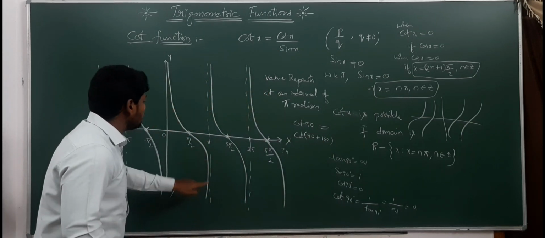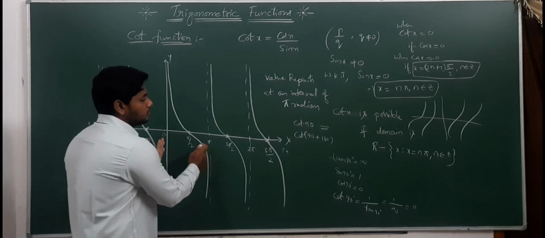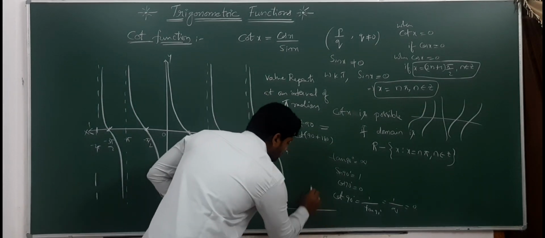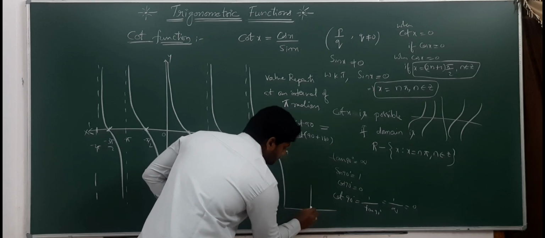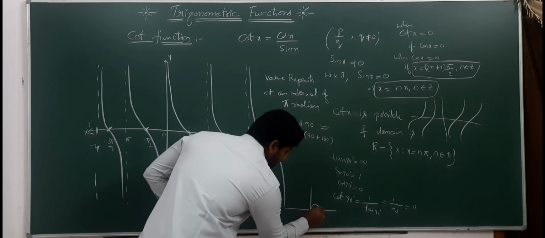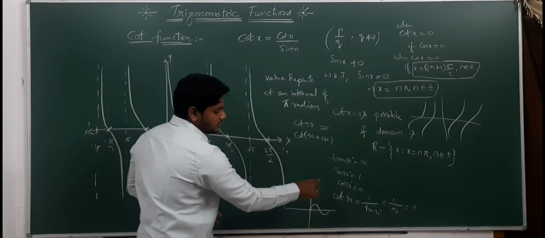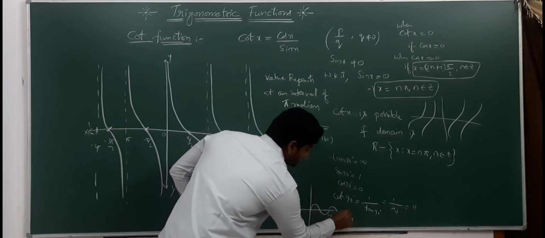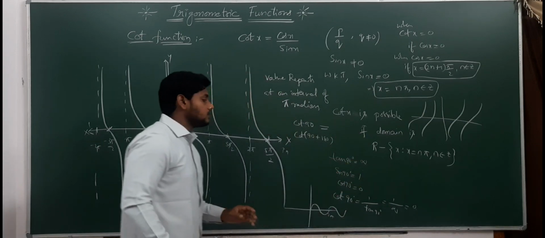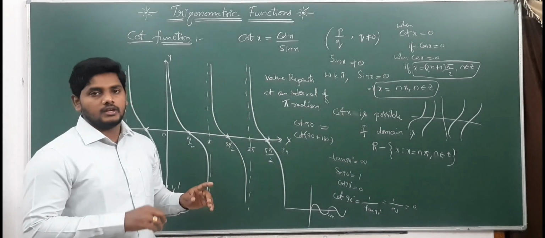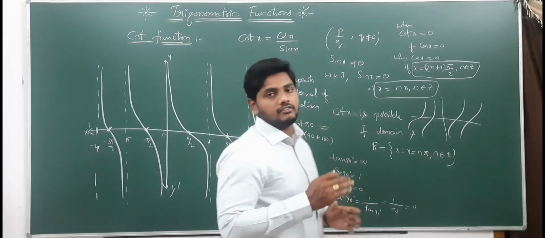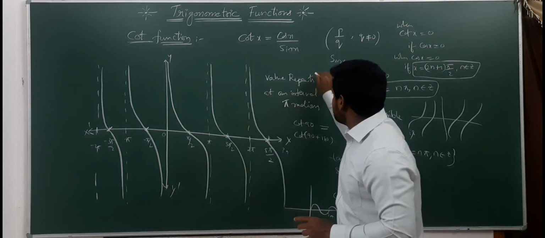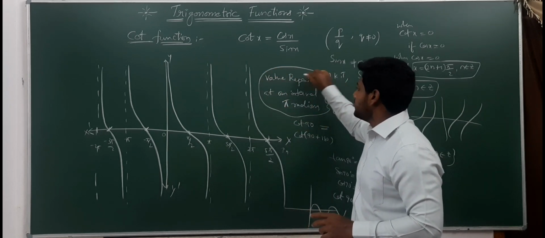So cot value repeats at an interval of pi radians. But when it comes to sin and cos, see, this is a sine function. So this is one curve. Again at an interval of 2 pi, again it will start. Like that, sine, cos and remaining functions will repeat at an interval of 2 pi. But when it comes to tan and cot, value repeats at an interval of pi radians.